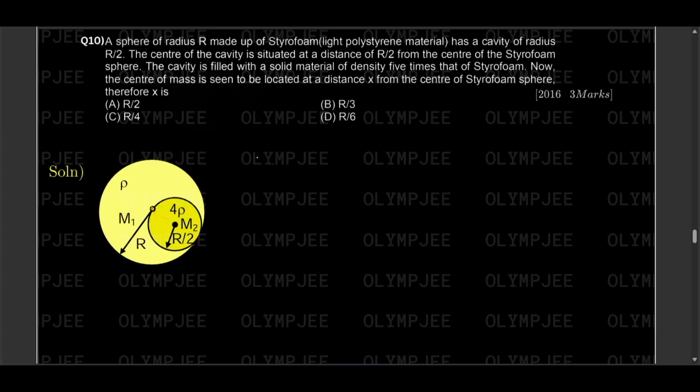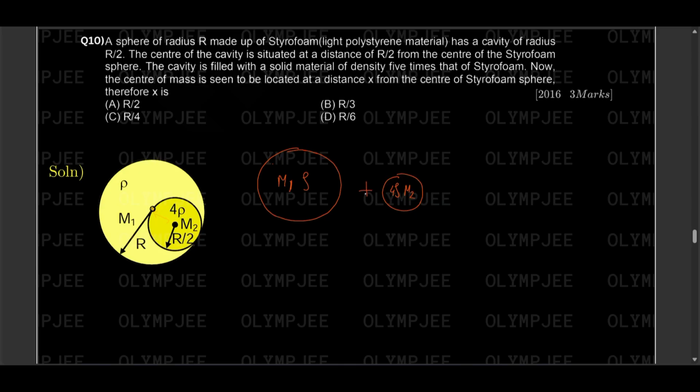Since the density of the filling material is 5 times and we had removed this one time, we can assume that this shape is a combination of this full sphere of mass m1 and density rho and another sphere of density 4 rho and mass m2, right?